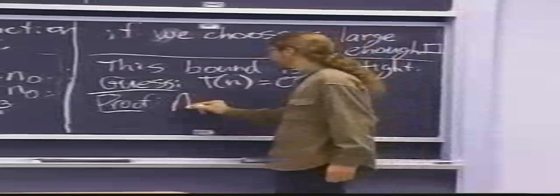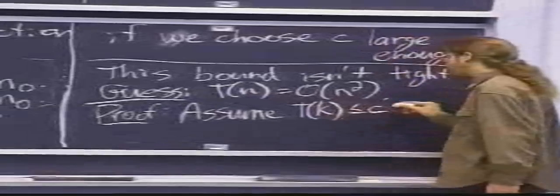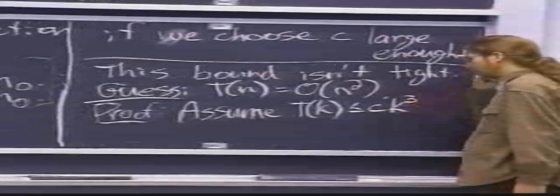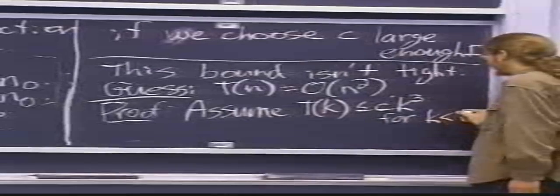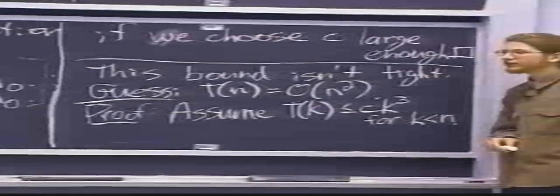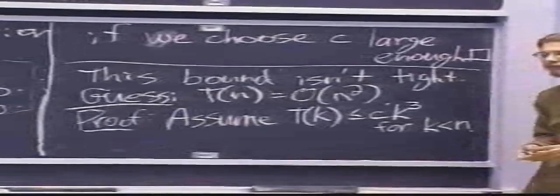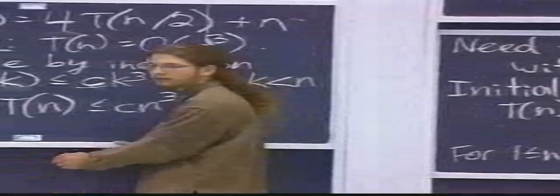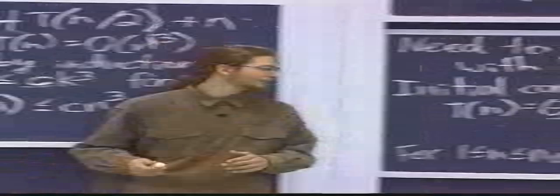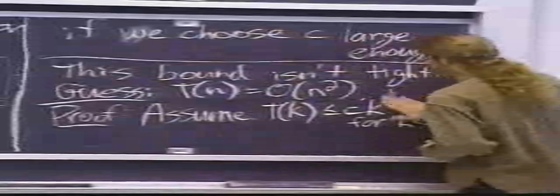We want to write down the induction hypothesis. We assume that T of k is at most some constant times k cubed, provided k is less than n. And then we want to prove that T of n is at most c times n cubed. Squared. Thank you. We already did cubed, so we have to go to squared.